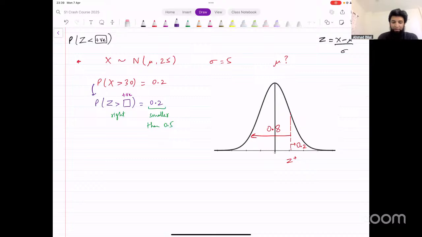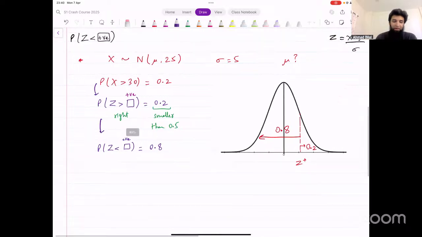So to the left of that same number you would have 0.8. If the probability of being on the right side is 0.2, that's equivalent to saying that the probability of being on the left side of that Z value is going to be 0.8.